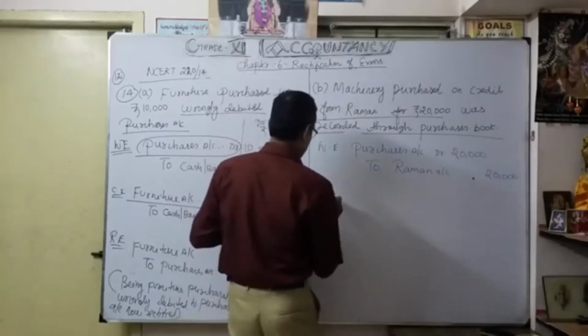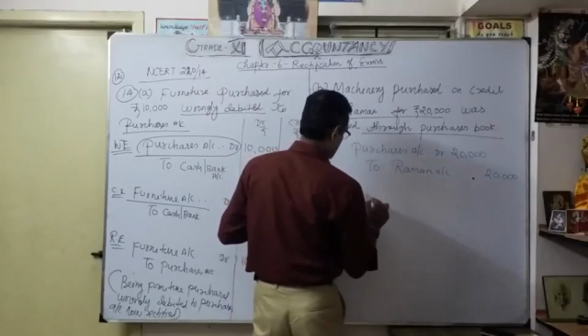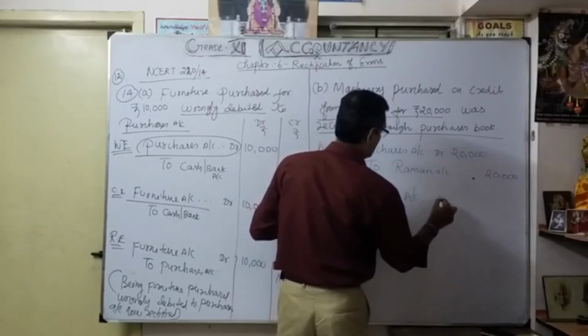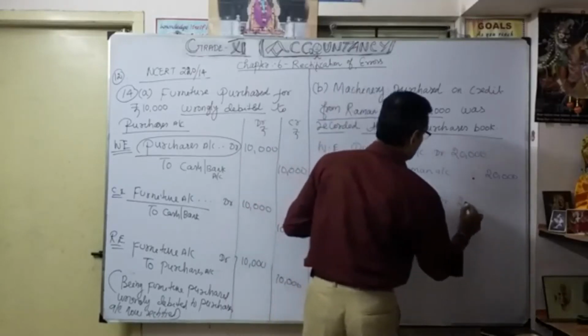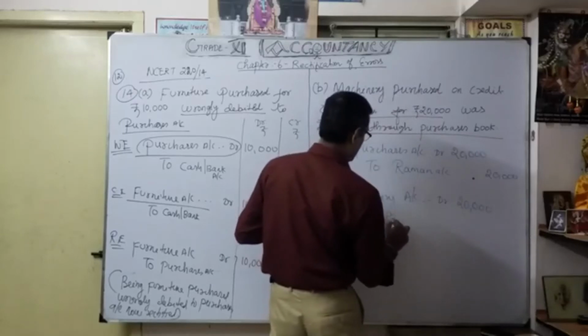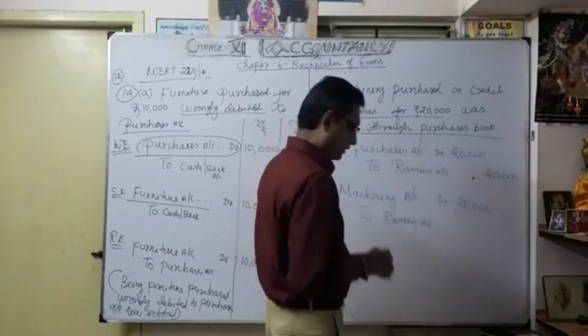What is the correct entry? Machinery account debit 20,000 to Raman account. That is our correct entry.